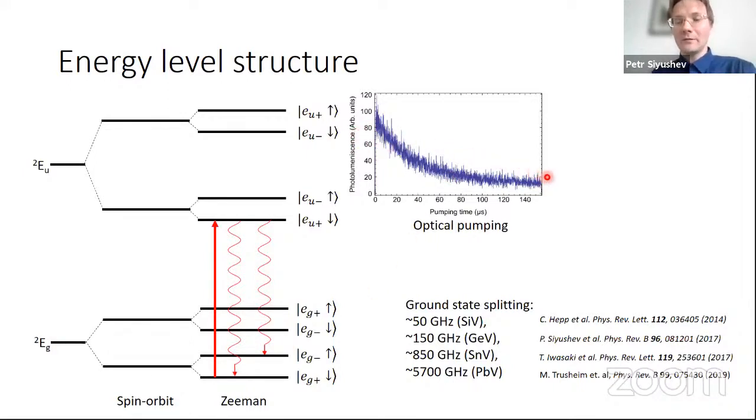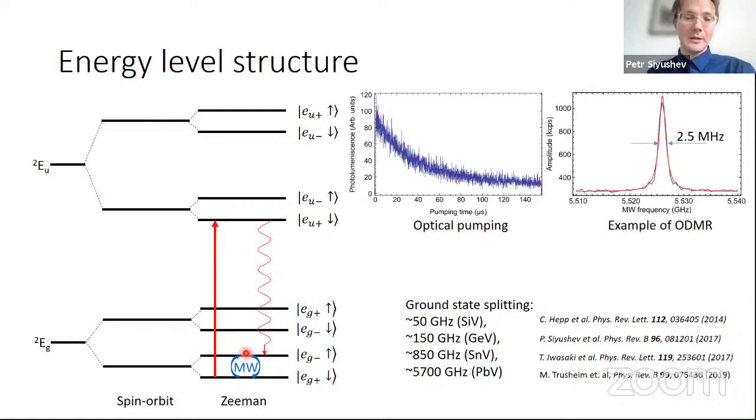So once you don't have fluorescence, once it dropped due to spin polarization, we can apply microwave field at these transitions. And then, as soon as it hits those two transitions in resonance, we recover population on both levels, and then we see this nice resonance, which is called optically detected magnetic resonance.